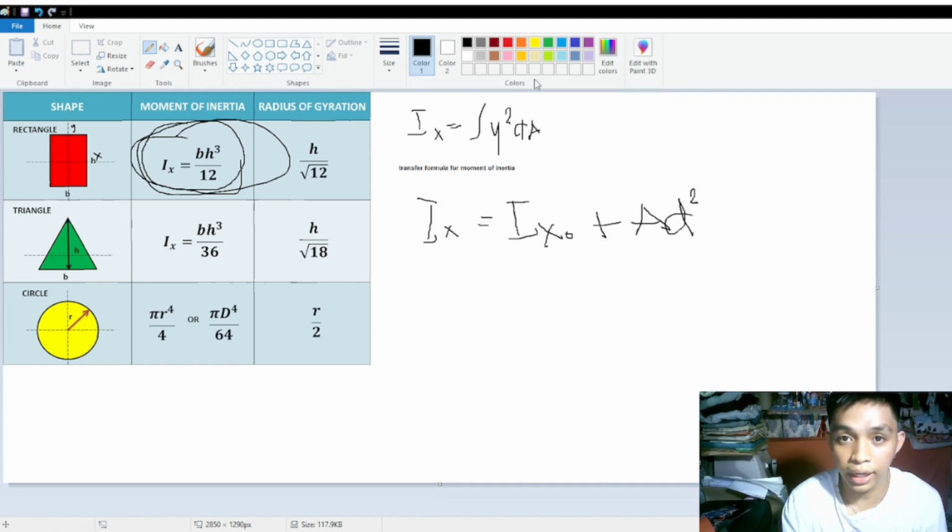This d is the distance from your centroidal axis to the chosen axis right here.